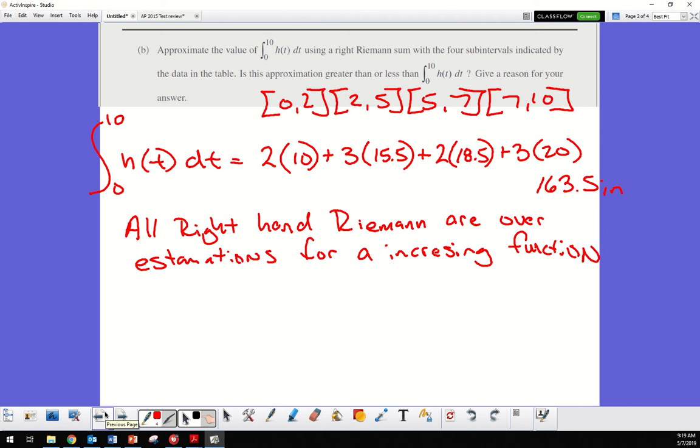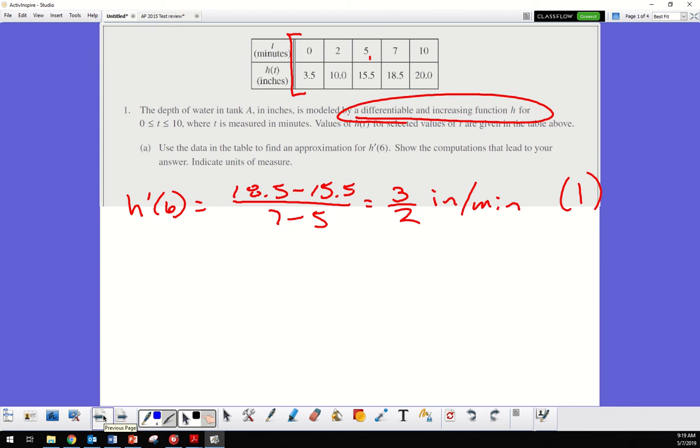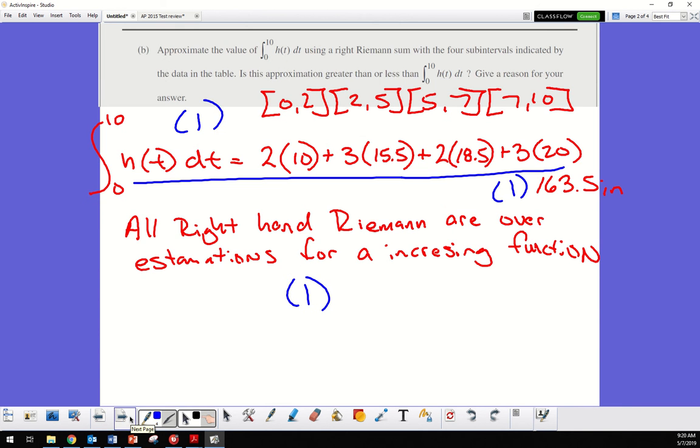Okay, so let's look at the points. I didn't do the points on this one. My integral, all of this, is worth 1 point. This over here is worth 1 point. My reason is worth 1 point. Did I do that on my previous one? Yeah, just 1 point there. So this whole question was worth 3.